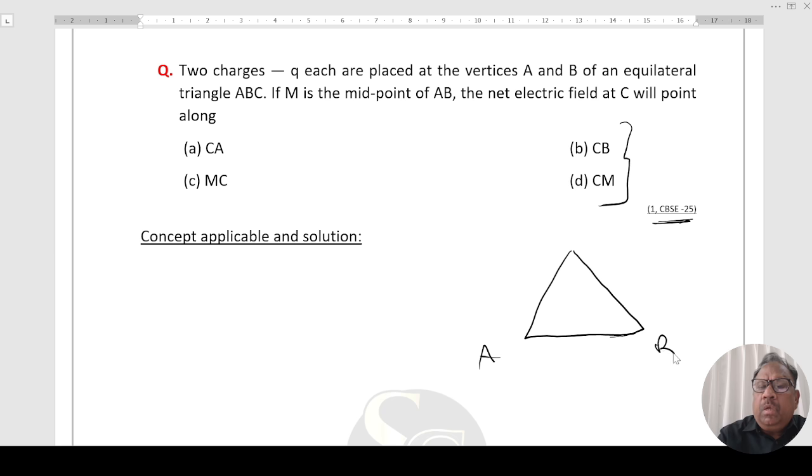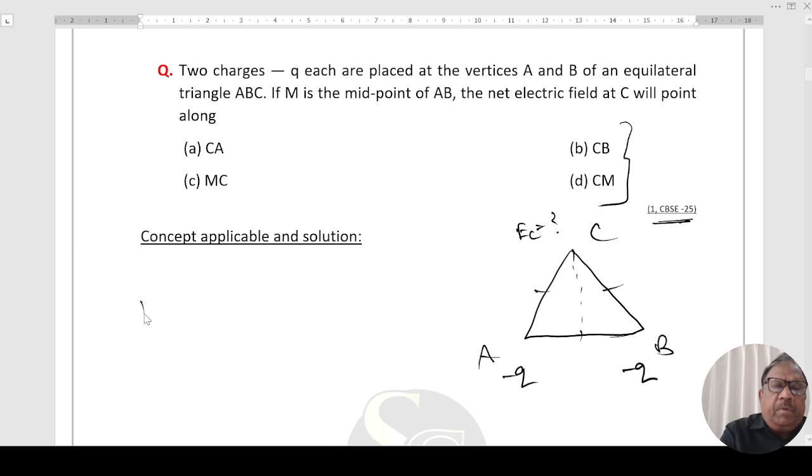A, B, C. This side equal to this side equal to this side. Minus q charge is placed here, minus q charge is placed here. We have to find the electric field at C, the direction along.